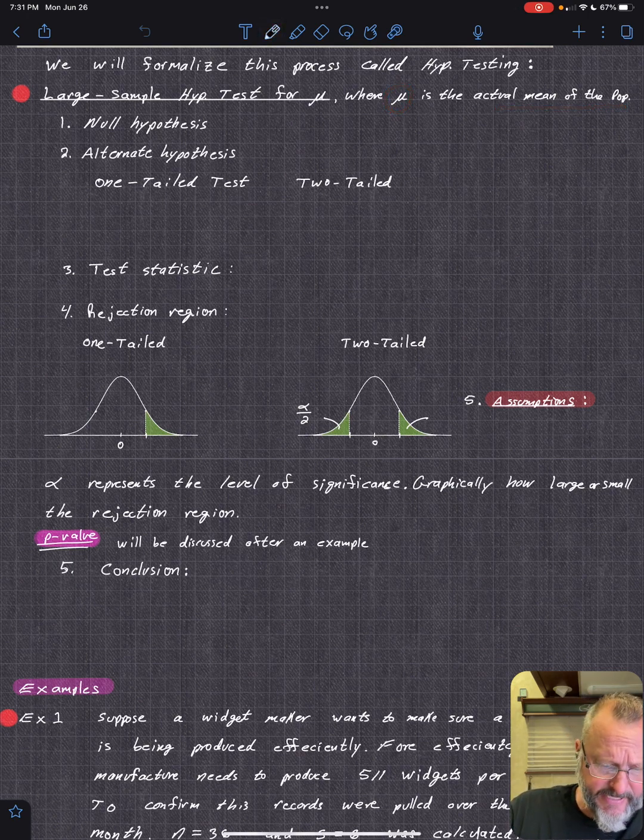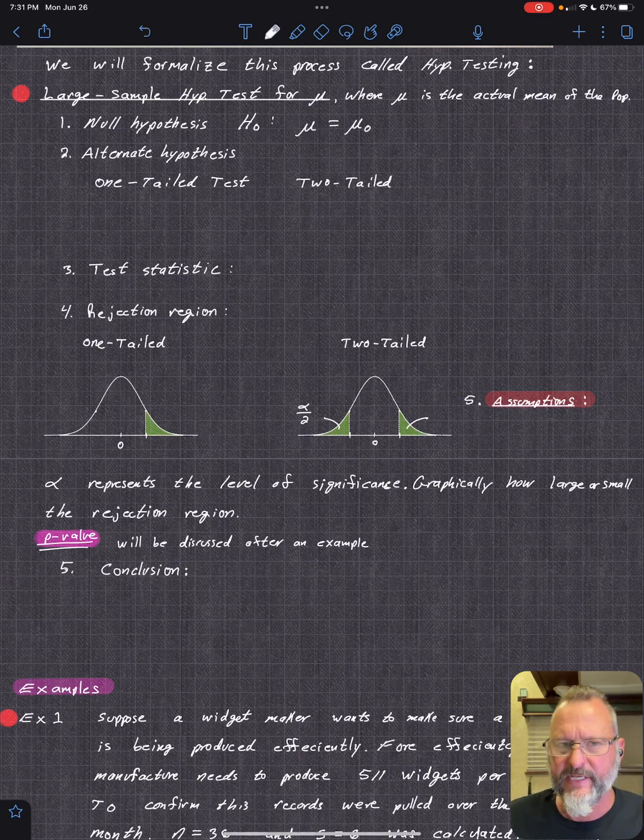So you state the null hypothesis. The null hypothesis is H naught. So you say H naught: the actual mean is equal to the accepted value, and you would write a number down right there.